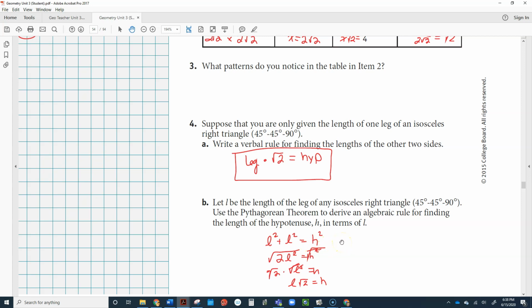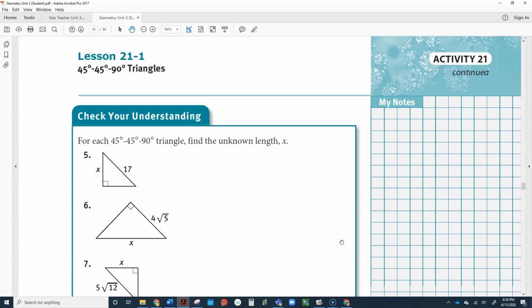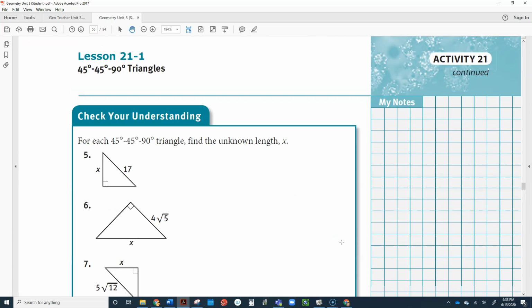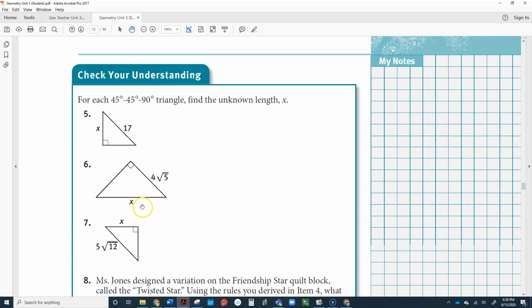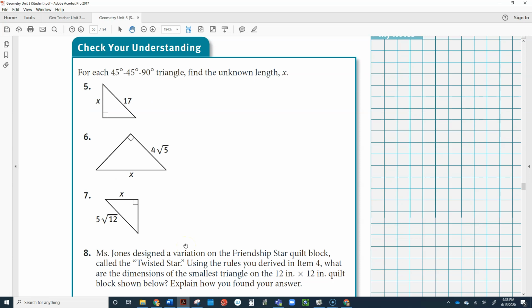So the big idea here is that special right triangles are supposed to be shortcuts. The special right triangle formula is supposed to be a shortcut. So you should be able to work these problems faster than if you had to do the Pythagorean theorem. But remember, if you have an isosceles right triangle, you can always work this with the Pythagorean theorem.